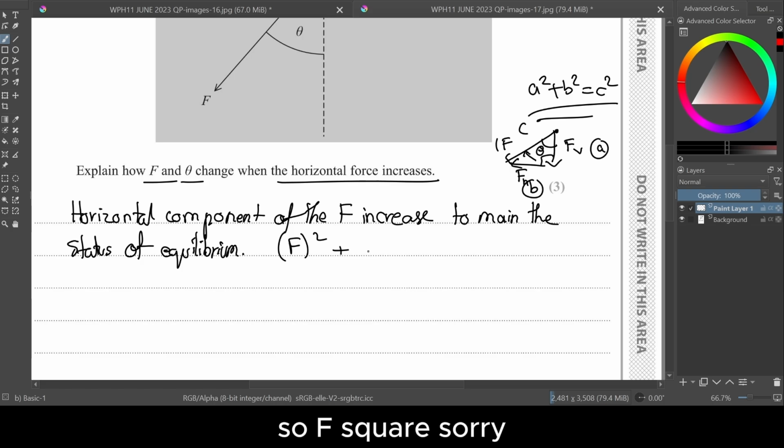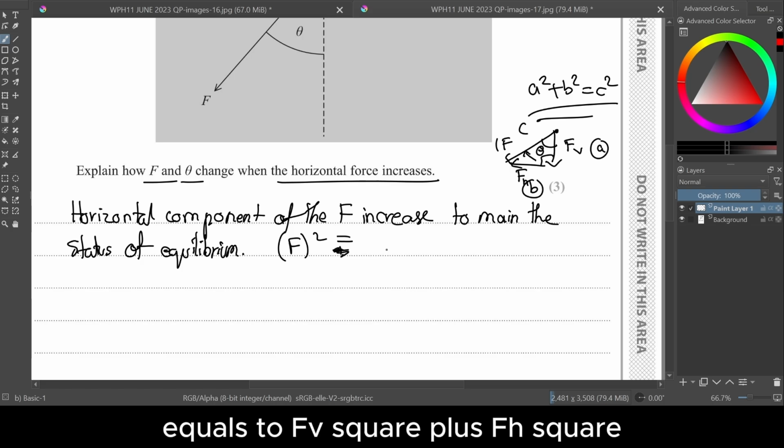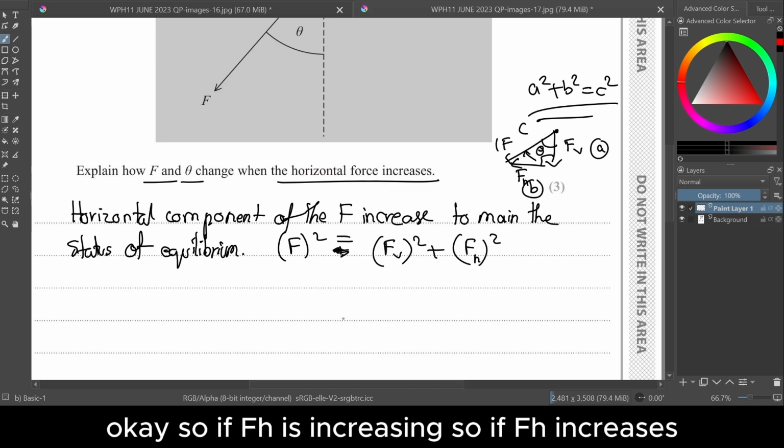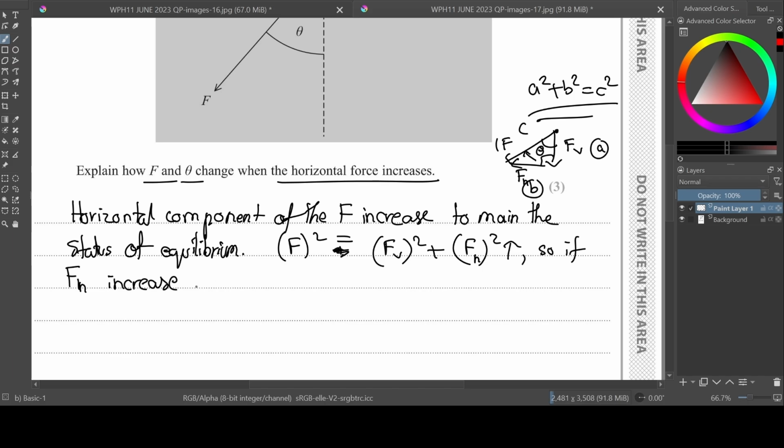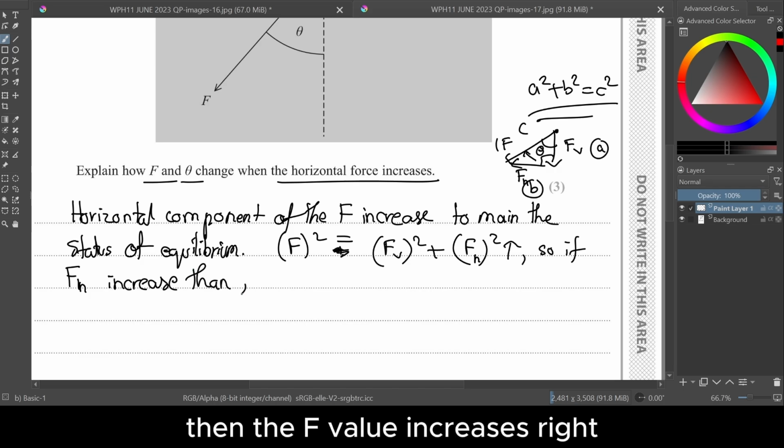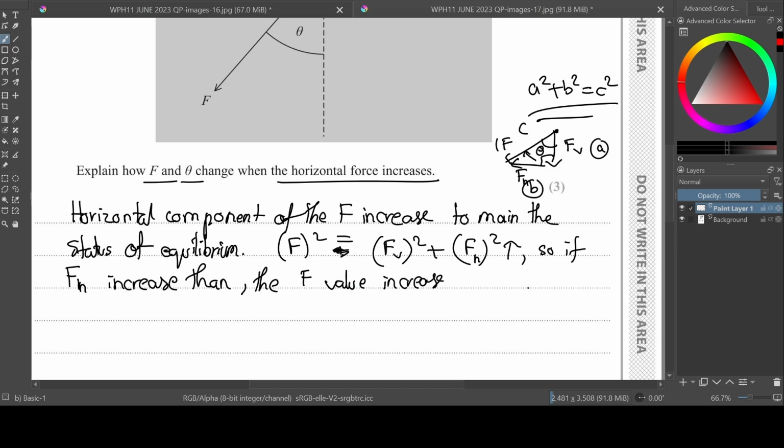So F squared equals FV squared plus FH squared. Okay, so if FH increases, then the F value increases. So we have to just say that.